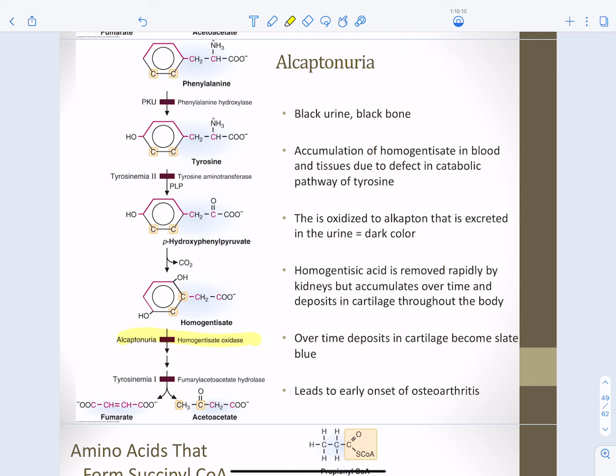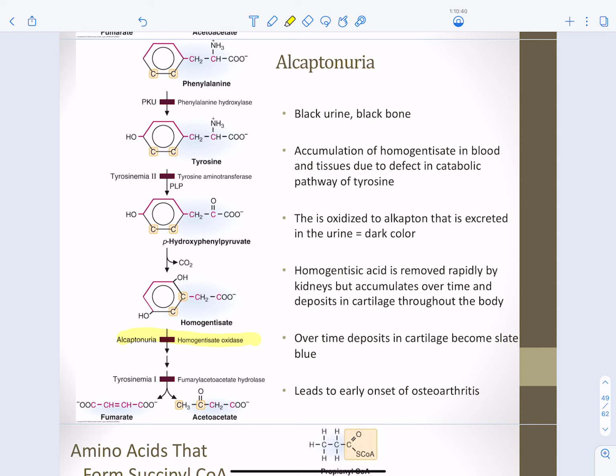It's going to be removed, but it will accumulate, and so again, too much of something will have some effect. It can have effects downstream as you age because of the deposits. So osteoarthritis can be one of those side effects of alkaptonuria.